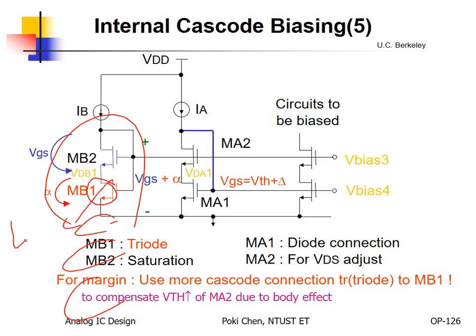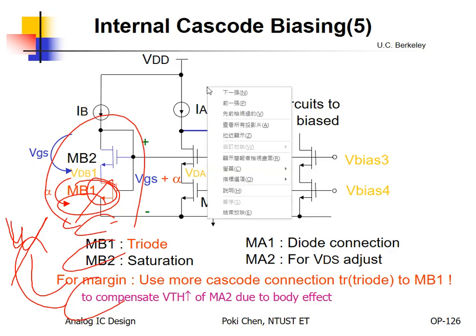Or you can fine-tune the W over L for this one, for MB1. Do it by yourself. Again, you are supposed to do all the dirty jobs instead of your professors, your leaders in the company. But how to finish all the dirty jobs as soon as possible? Only if you have good ideas from your teachers, your supervisors. I hope I can deliver you the most help.